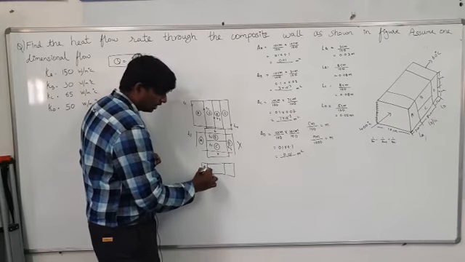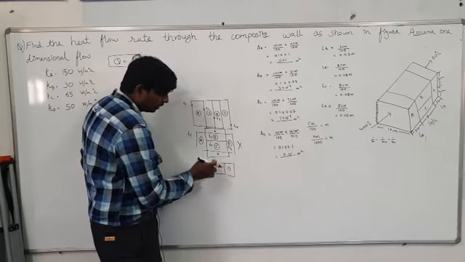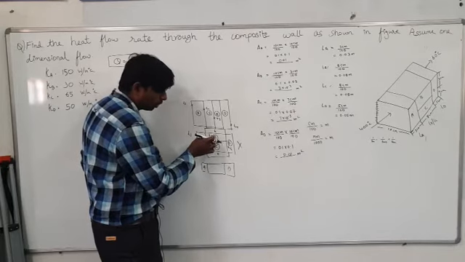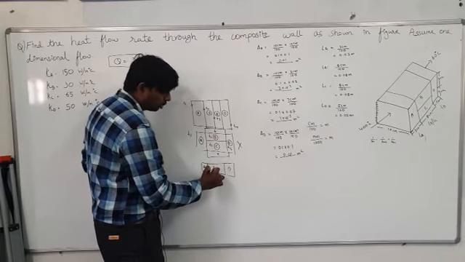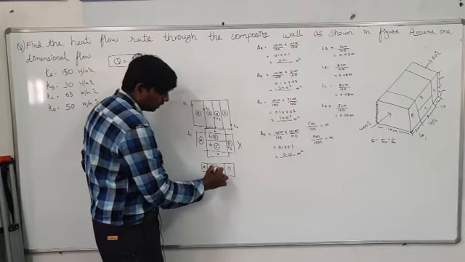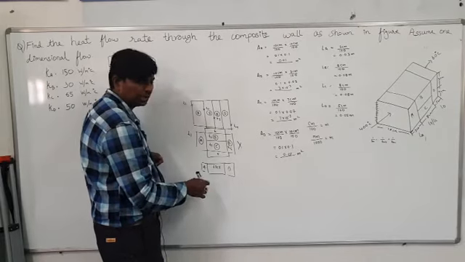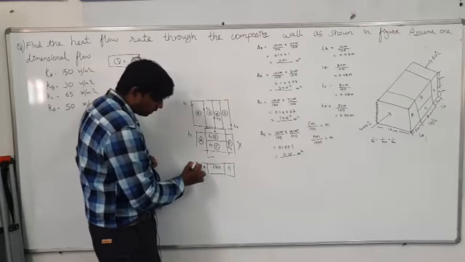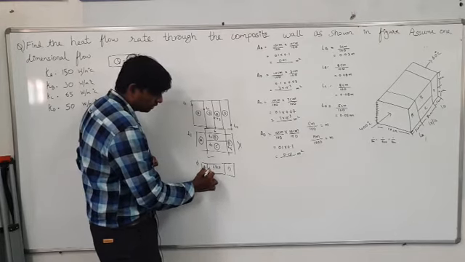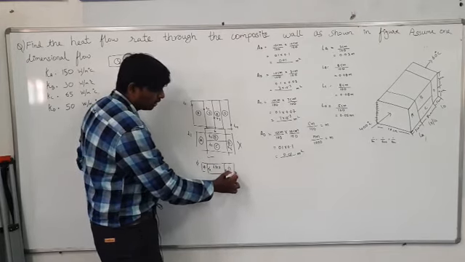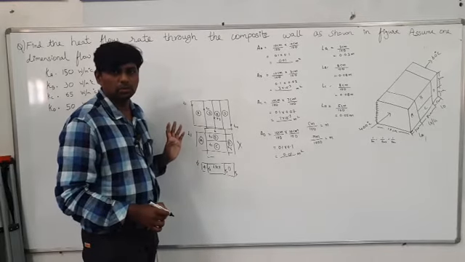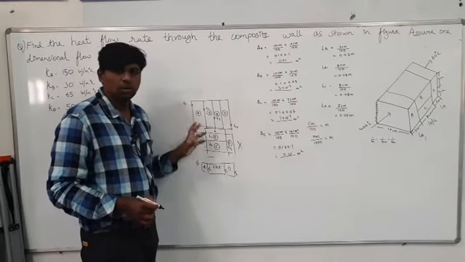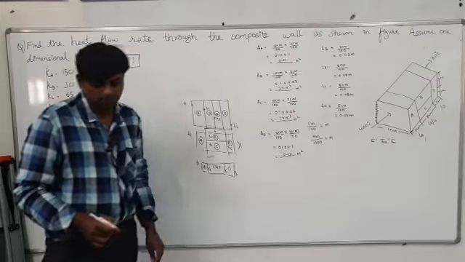This one you take as A and this one as D, which is the combination of 1, 2, 3, 4. This is the combination of E, B, C, F. After that you can take this as T1, this as T2, this as T3, and this as T4. After converting only, you will get the values. Okay now?